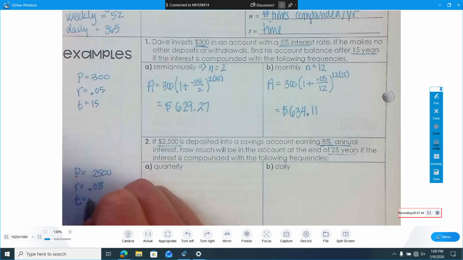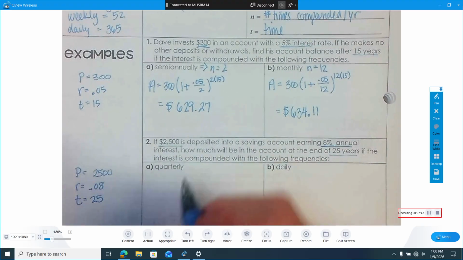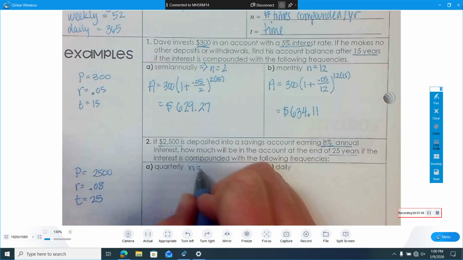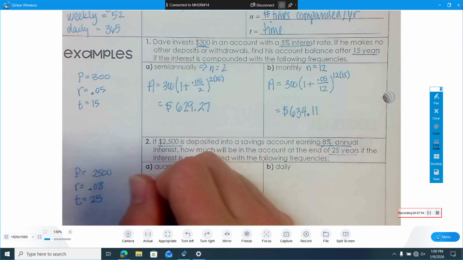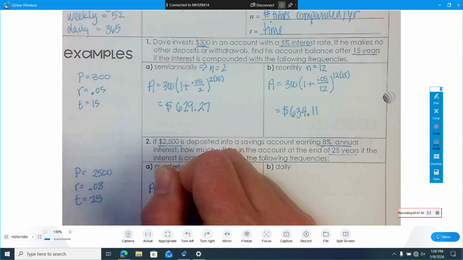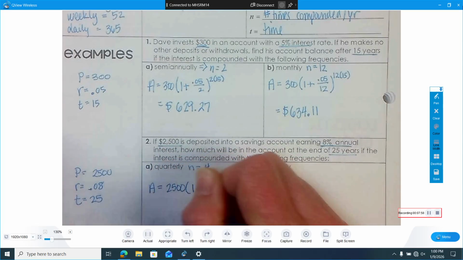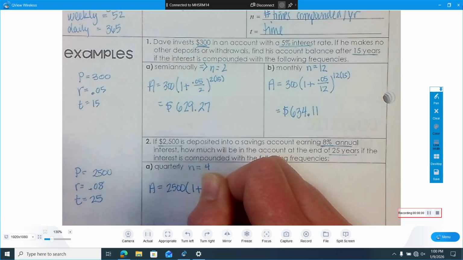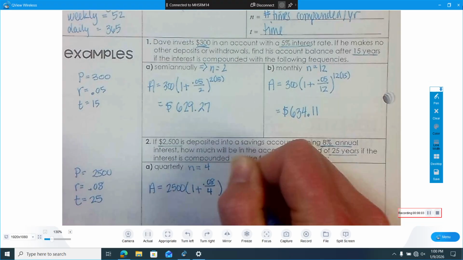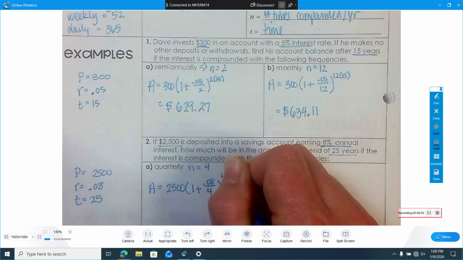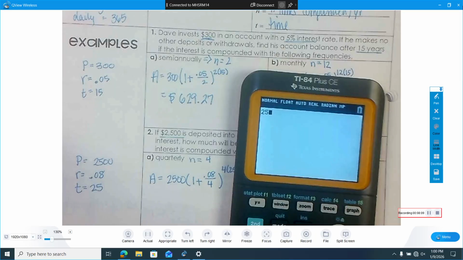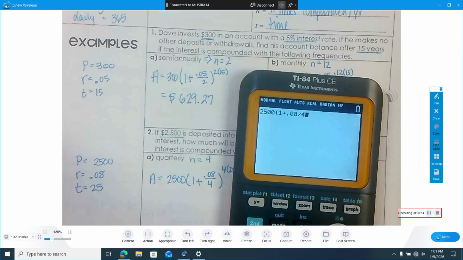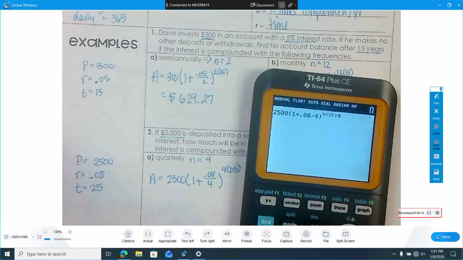That would be our T is 25 years. If it's compounded quarterly, what would our N be for quarterly? 4 times per year, yep. So we have our principal, 2,500 times 1 plus 0.08 over N of 4 to the 4 times 25.